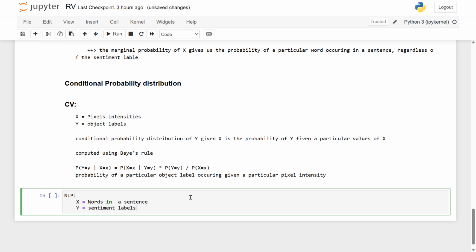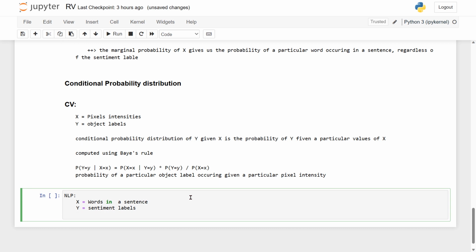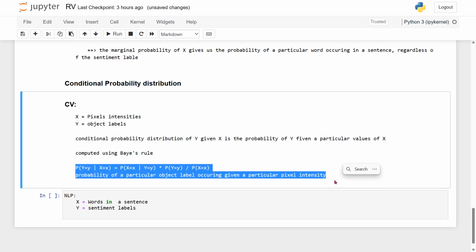So the conditional probability distribution of y given x is the probability distribution of y given a particular value of x. It's computed using Bayes rule, similar formula and similar explanation, nothing much.